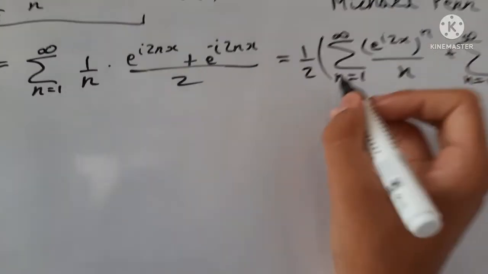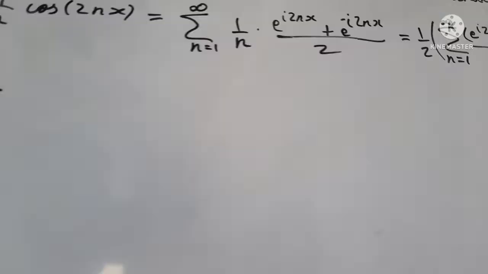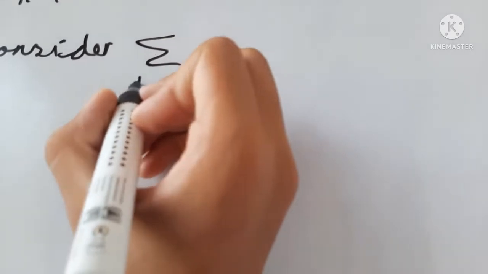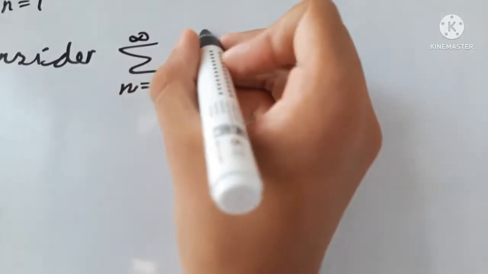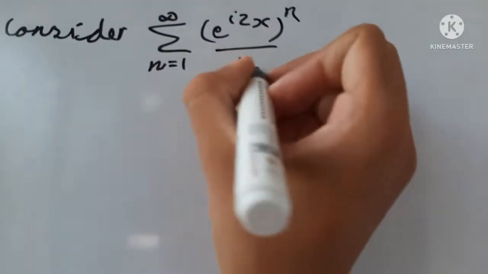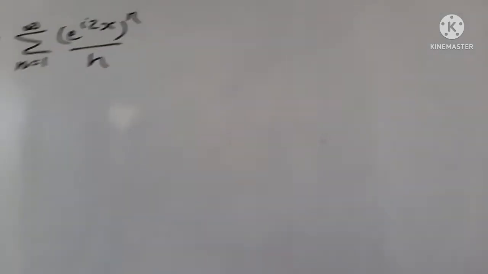So first we'll consider this first sum. Consider the sum from 1 to infinity of e to the i 2x, to the n, upon n. Now I'm going to make a substitution here.